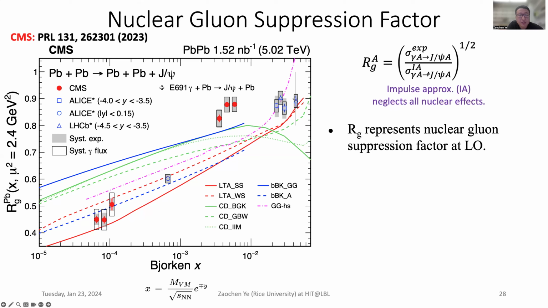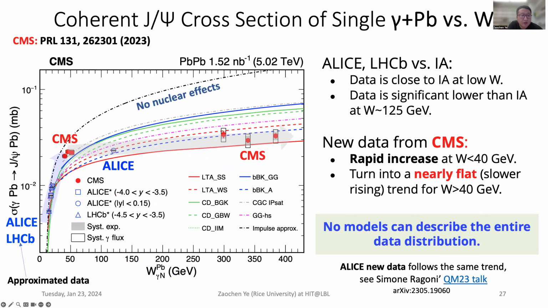The impulse approximation just directly integrates the total coherent contribution from individual nucleons without considering any additional nuclear effects. The approximation is just this curve.